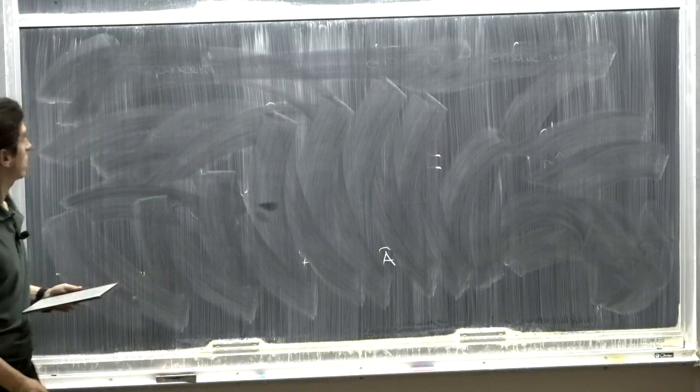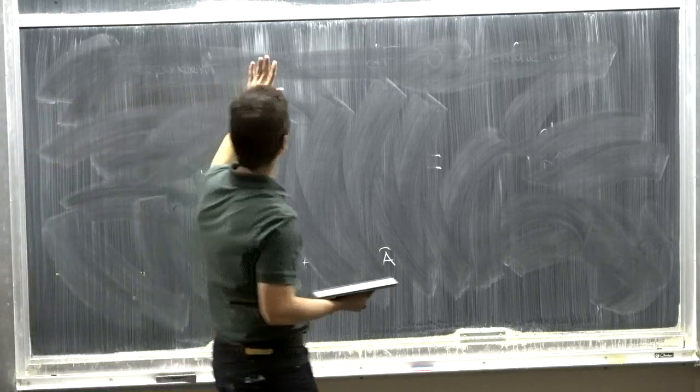I'm not gauging anything. So far, I've just introduced sources, right? So the question was, am I gauging something? That's what we're going to talk about in a minute. But for right now, they're just background fields. So they're just widgets that you can vary with respect to derive correlation functions.